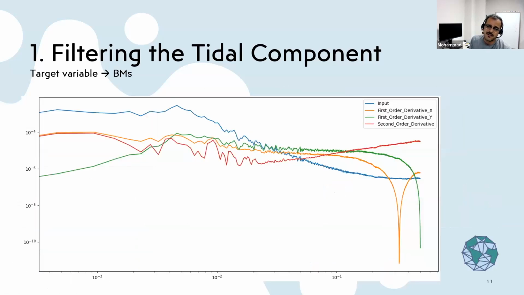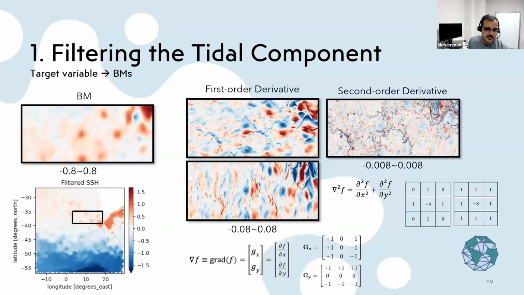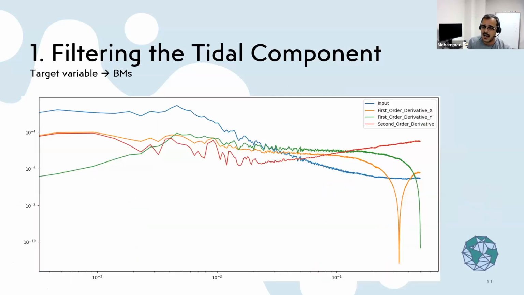Again, here we have the power spectra of the balanced motion for the specific region that I showed here, and first order and second order derivatives of balanced motions in the frequency domain. As you can see here, they could have a positive effect on training by regulating the amplitudes of the components from low to high frequency.